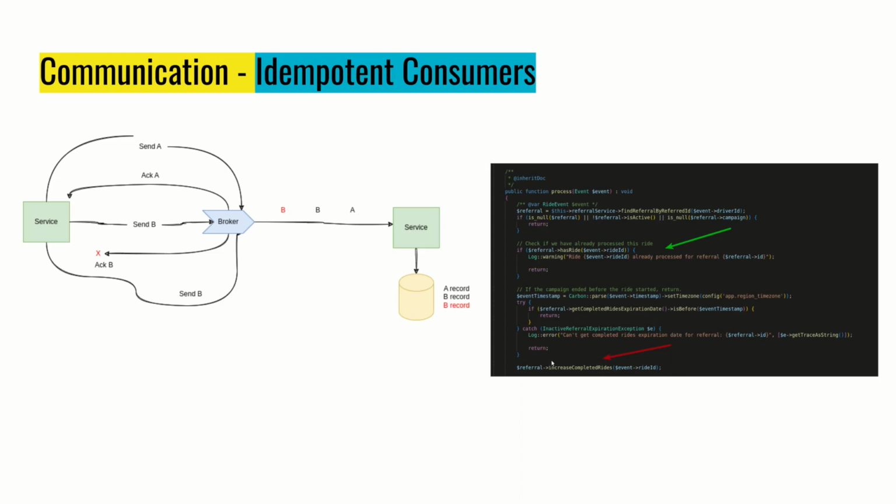What we didn't foresee here, before the green arrow, because this is the line that we added later on, is that we were blindly increasing the completed rides, but we had messages in the topic that we were consuming that were events for the same ride. This happened because the mobile client had a bug, and it was sending twice that the ride was completed.